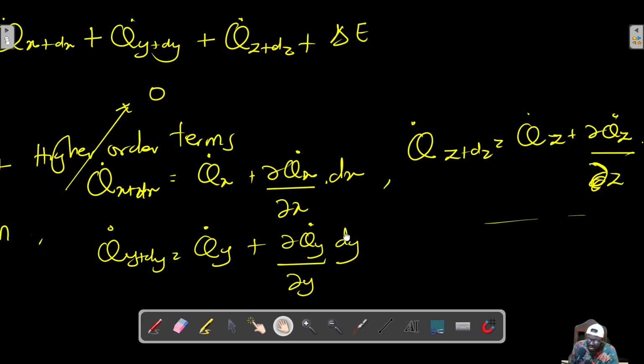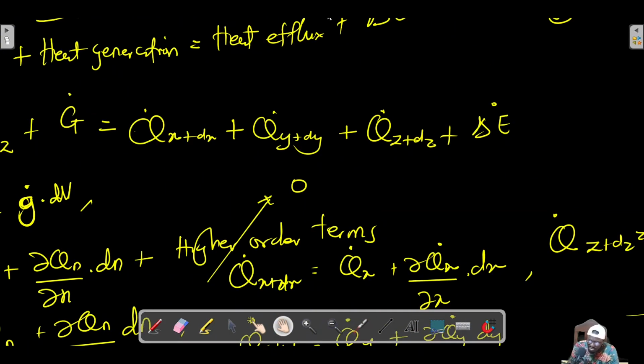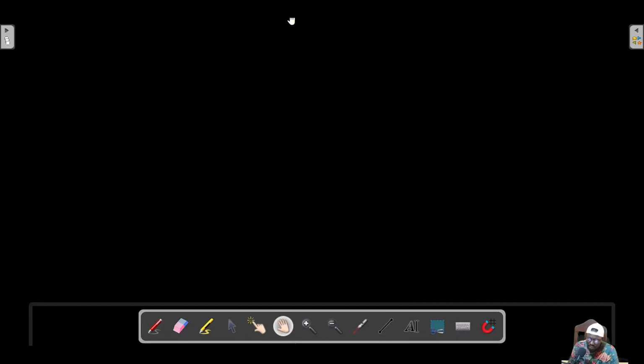Let me move to a fresh page and state this again. We said that Q subscript x plus dx is equal to Qx plus del Qx divided by del x times dx. These are our rate quantities.